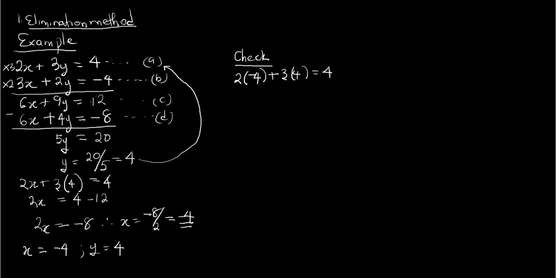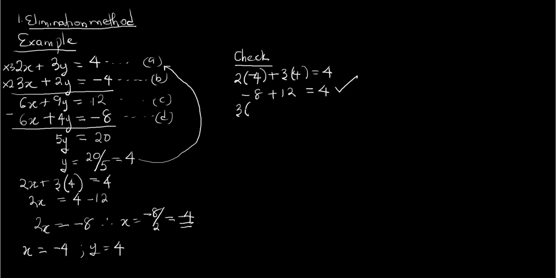Let's see if that is correct. This is going to be minus 8 plus 12. Is that equal to 4? The answer is yes. That satisfies the first equation. I always say don't do it just for one equation, you have to do it for both equations. So let's try it out now for the second one.